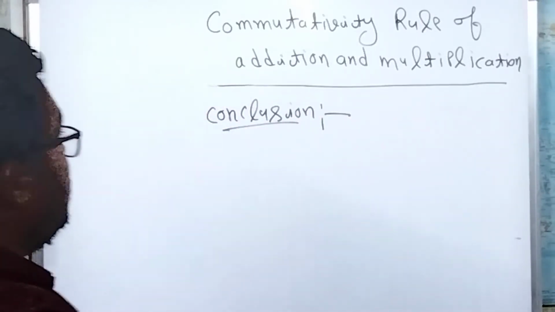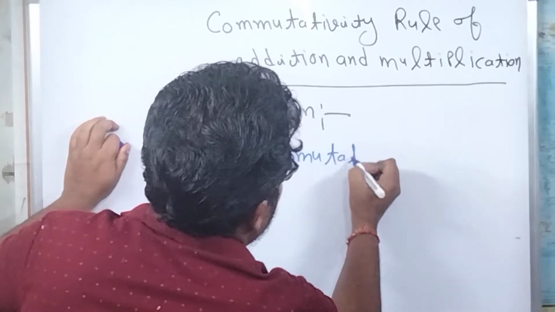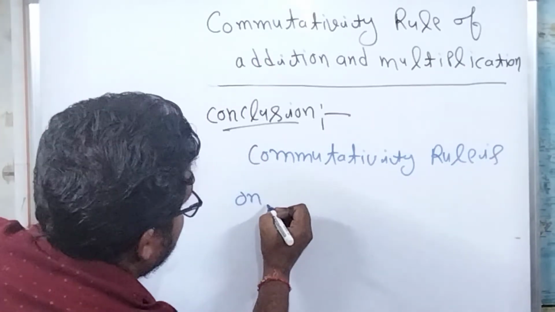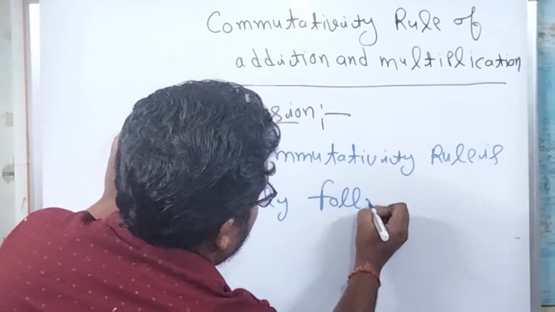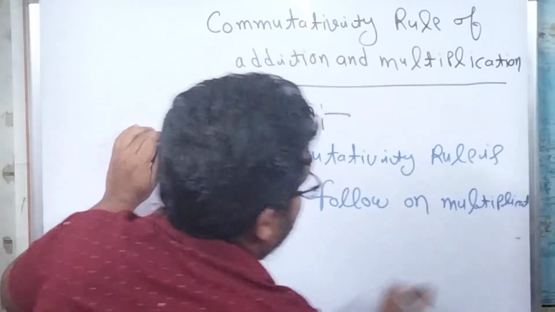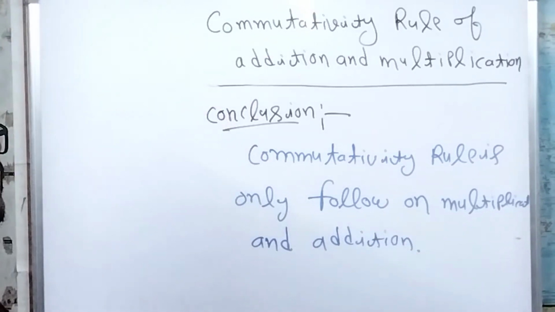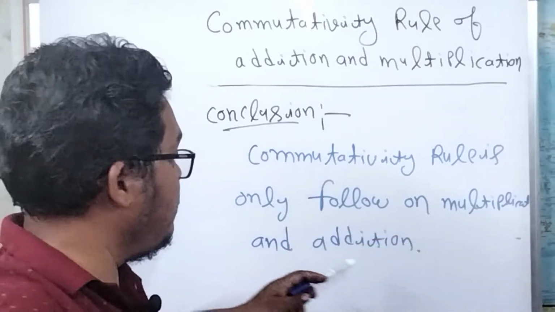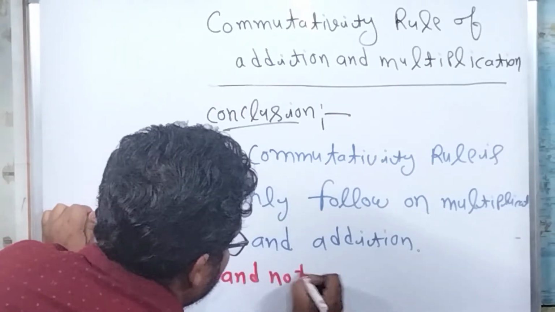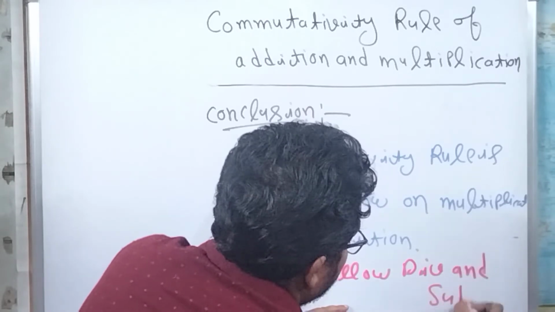Friends, the conclusion of the commutativity rule: commutativity rule is only followed on multiplication and addition, and not followed on division and subtraction.